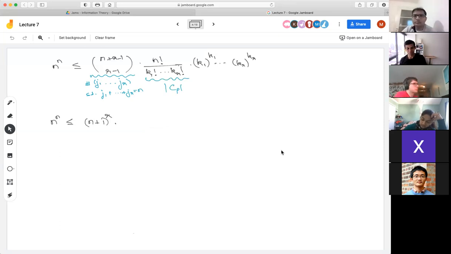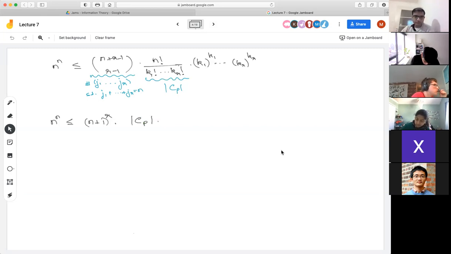So this is just a way of distributing n balls into bins, filling one with k1 balls, another with k2 balls, and so on. That's the quantity we are interested in estimating.